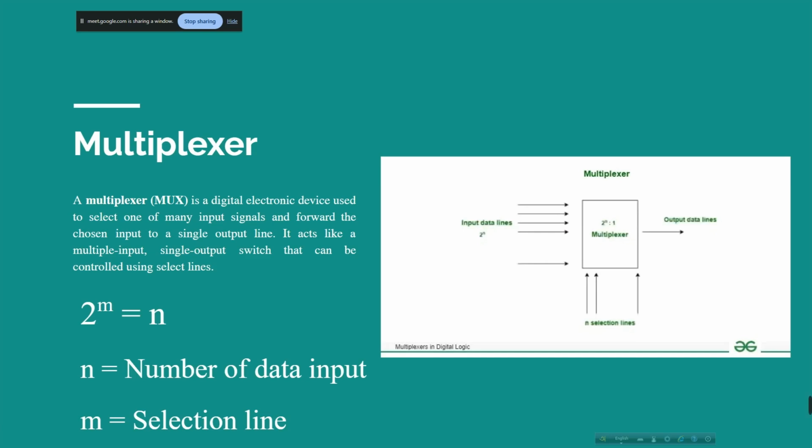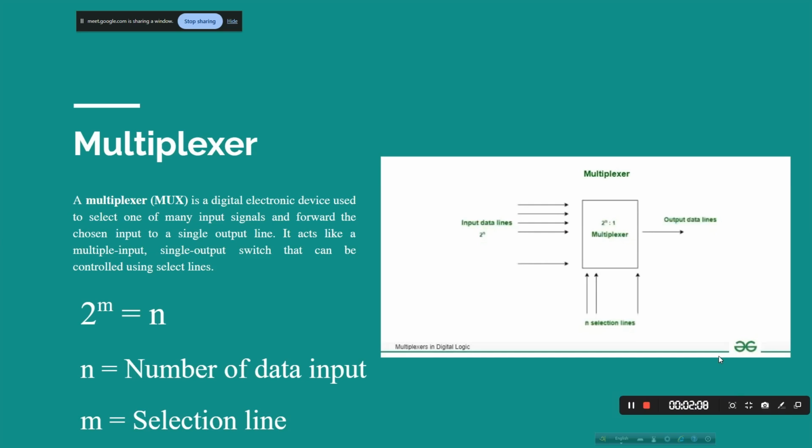There are many types of MUX, like 2 cross 1 multiplexer that has one selection line, 4 cross 1 multiplexer that has two selection lines, 8 cross 1 multiplexer that has three selection lines, 16 cross 1 multiplexer that has four selection lines. A multiplexer is called a data selector because the selection lines determine which input is connected to the output.